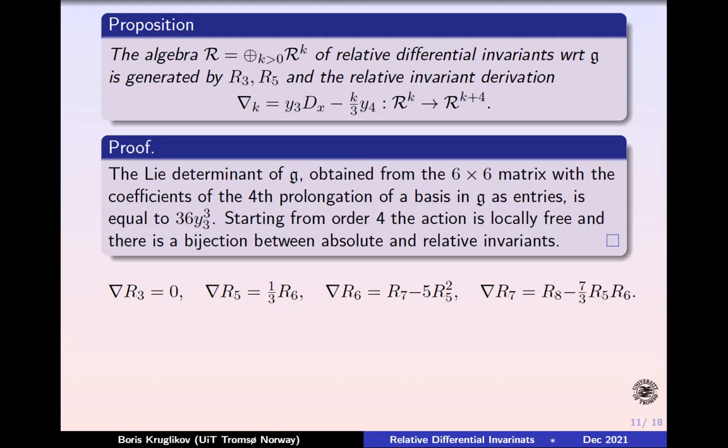That's called the Lie determinant, and that's something proportional to a power of y3. That's how we see that y3 is the first invariant. And now when we prolong higher, the action becomes locally free, and there's a bijection between absolute and relative invariants. And so we just read off what can stay in the numerator and denominator. And here's the first syzygy, the first relation in this algebra. So I take nabla and apply it to those R, which I said, and that's quite a nice syzygy, complete polynomial relations.